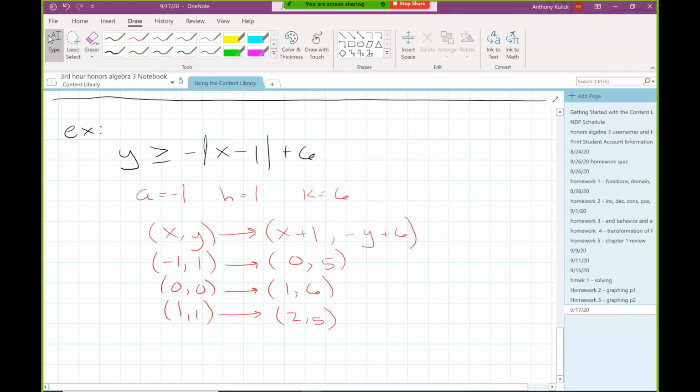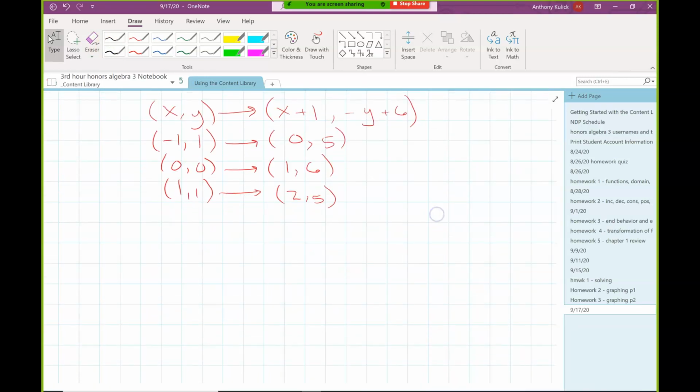Maddie? Correct. Yep. The negative of 0 is just 0. Exactly right. So far, so good? Okay. So let's plot these then.